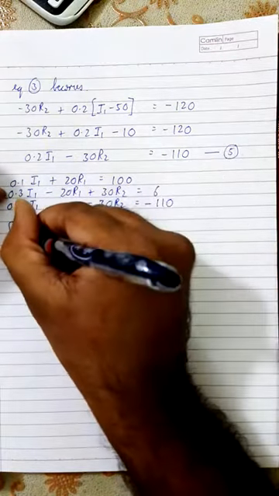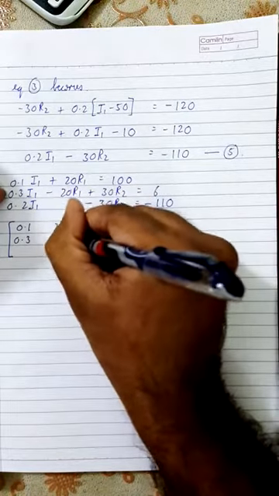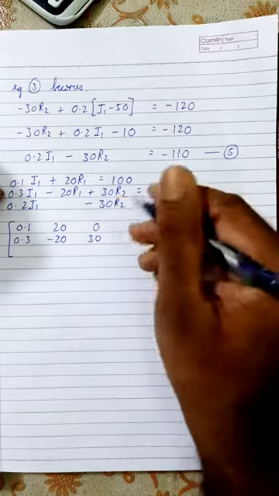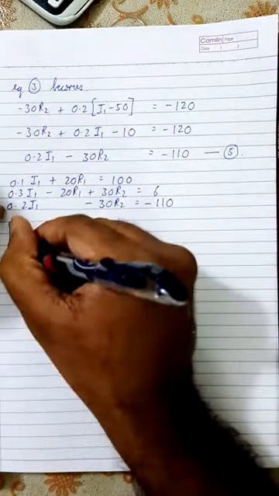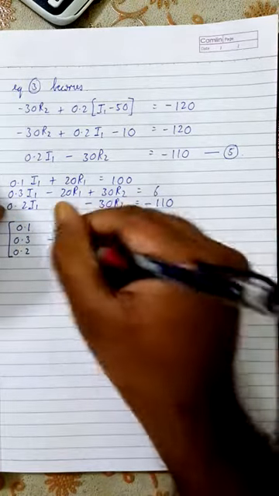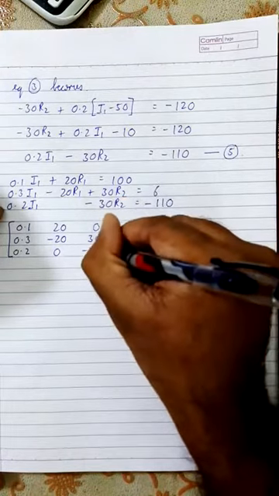The coefficient of I1 is 0.3, the coefficient of R1 is minus 20, and the coefficient of R2 is plus 30. And for the third equation, the coefficient of I1 is 0.2, the coefficient of R1 is 0, and the coefficient of R2 is minus 30.